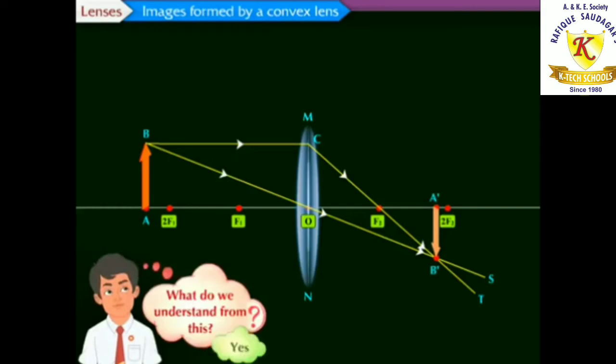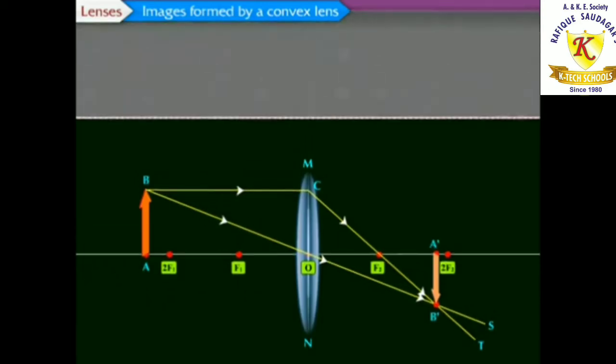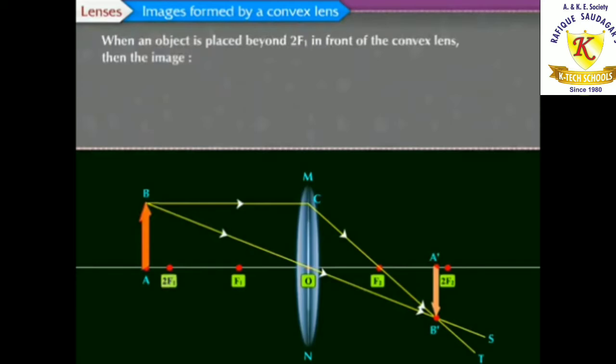What do we understand from this? Yes, when an object is placed beyond 2F1, in front of the convex lens, then the image is formed between F2 and 2F2. It is real, inverted, and smaller than the object.